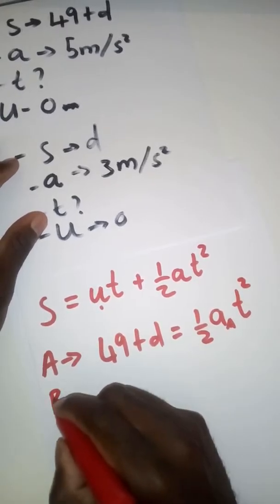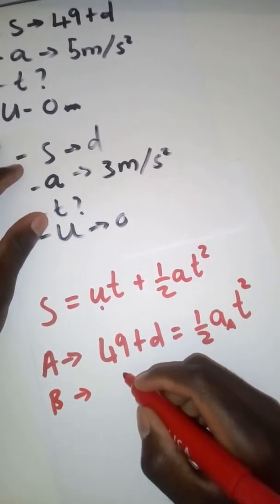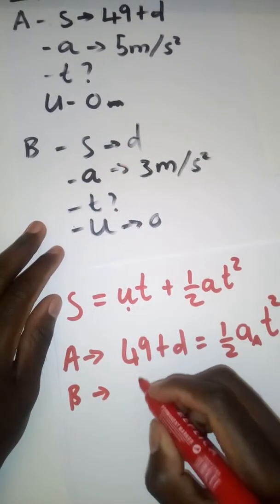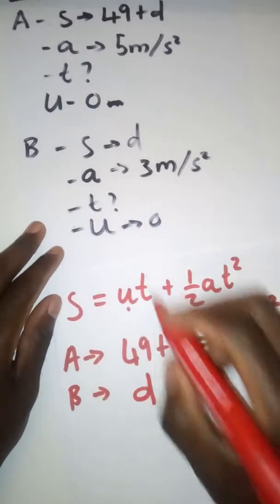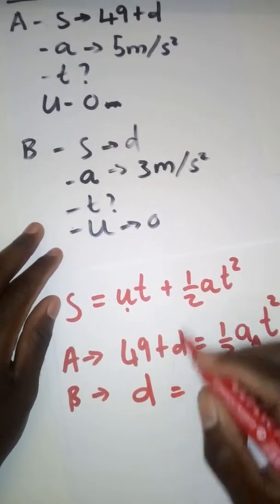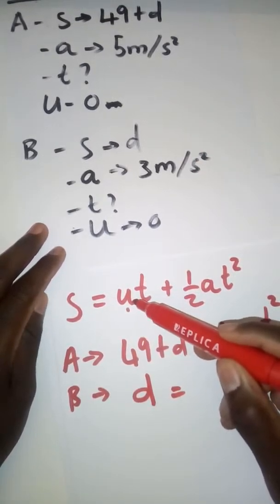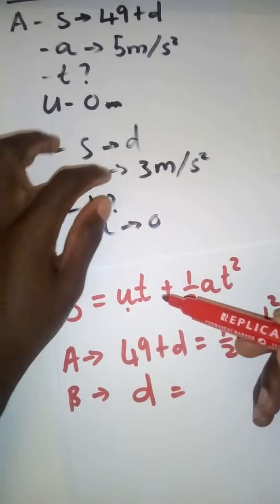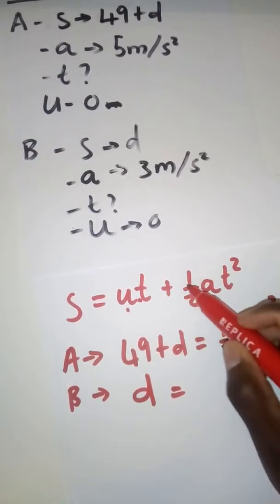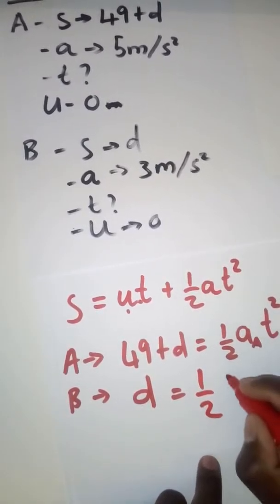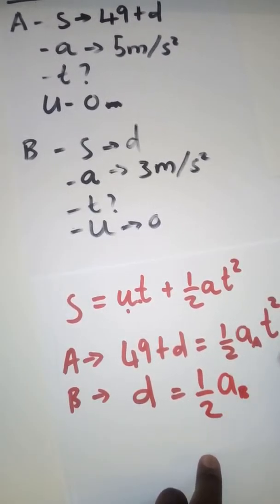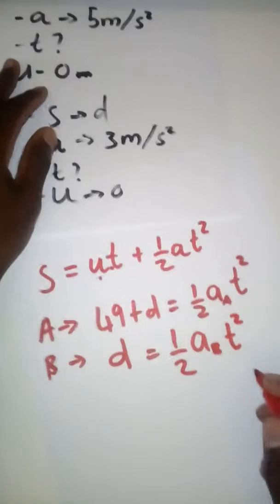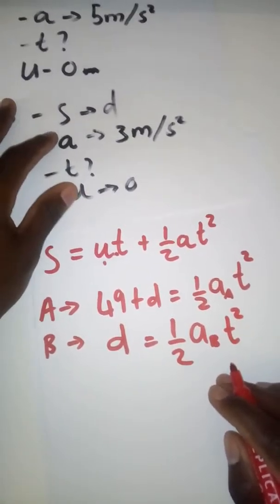For car B, the displacement is just D, which is equal to, again with u being 0, so that term is 0, 1 over 2 a for car B, multiplied by time squared.